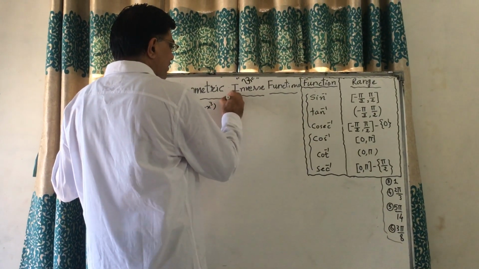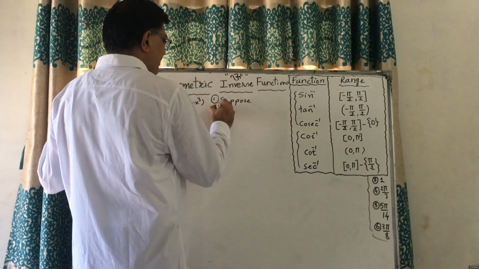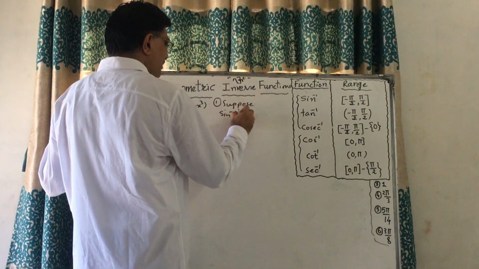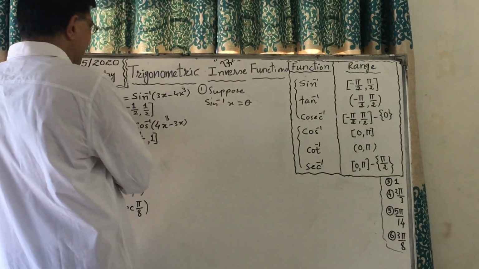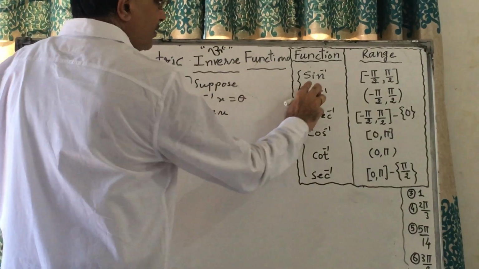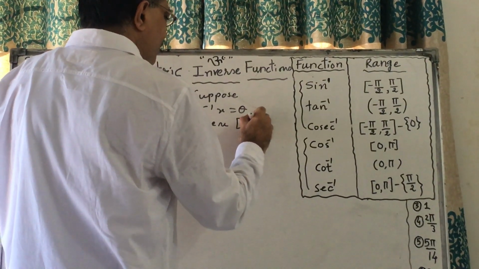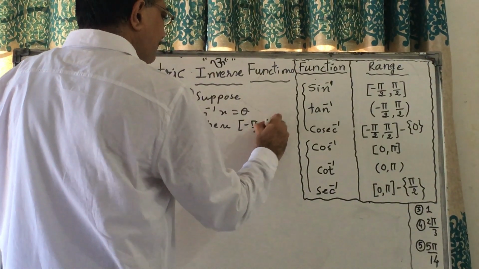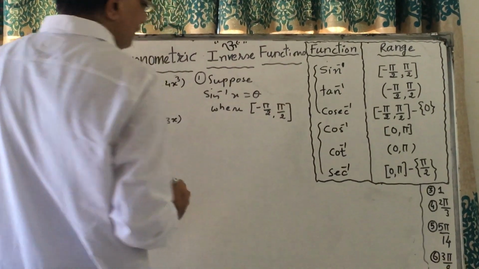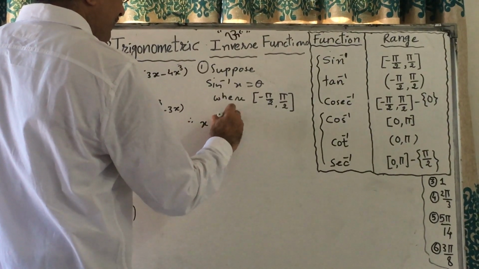So first of all, suppose sin inverse x equals theta, where theta belongs to, what is the range of sin inverse? It is minus pi by 2 to pi by 2. Therefore, x will be equal to sin theta.